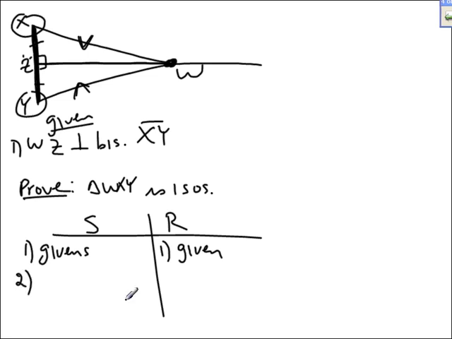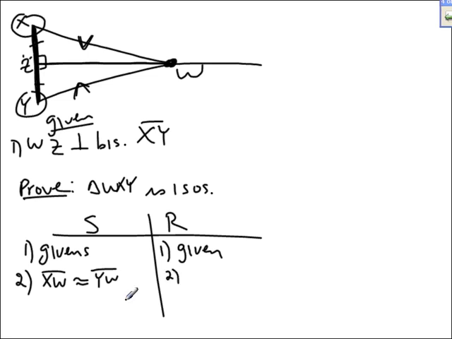And number 2 is... okay, that's not true. I think it's going to take 3 steps. We are now going to say that XW is in fact congruent to YW.